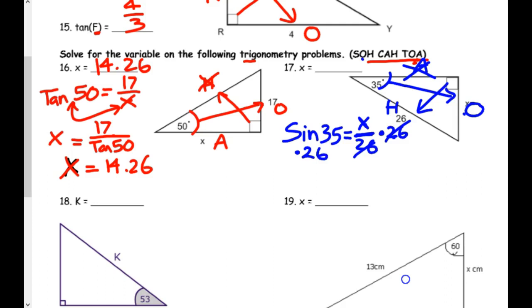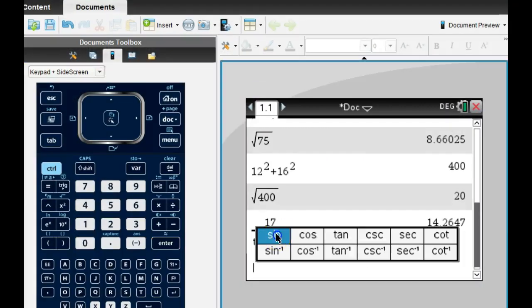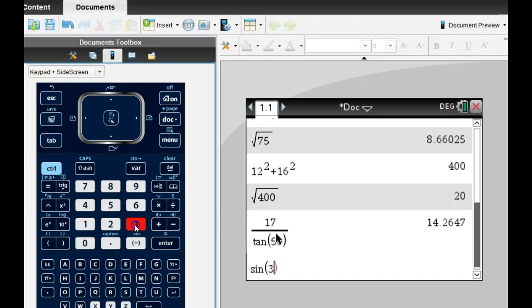Sine 35, end the parentheses, times 26. Let me show you how to type it in. Sine 35, end the parentheses, times 26. So hit sine, hit 35, and I want you to look. What's red on my button right here is the end parentheses.